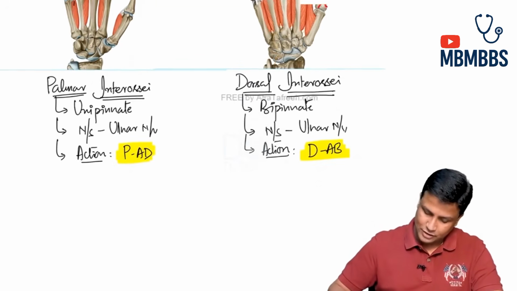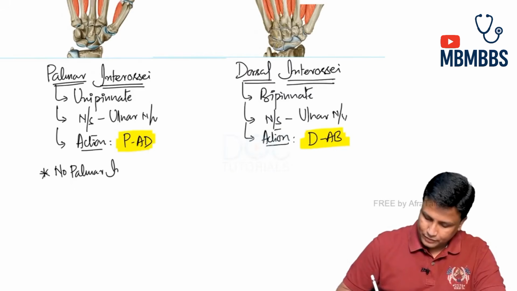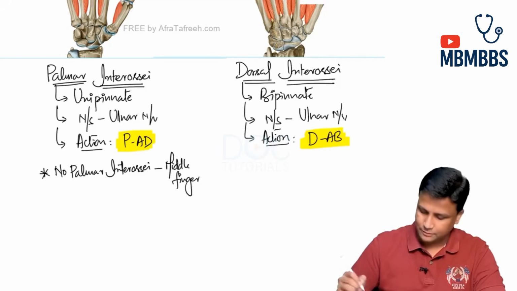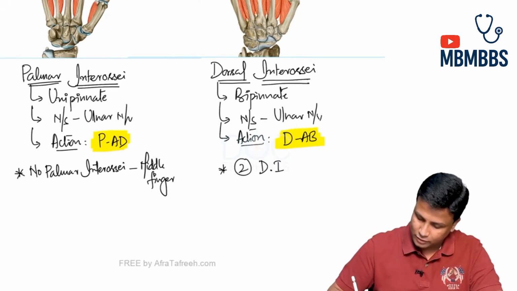So let us make a note of this one. That's something important, guys, recently asked in the exams. No palmar interossei. On which finger? It's your middle finger. On the middle finger, there is no palmar interossei attached. But on the other side, yes, there will be 2 dorsal interossei. I'm just writing in short here, dorsal interossei.